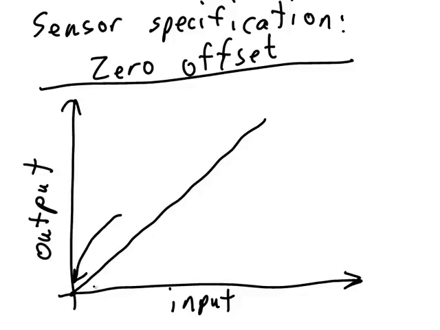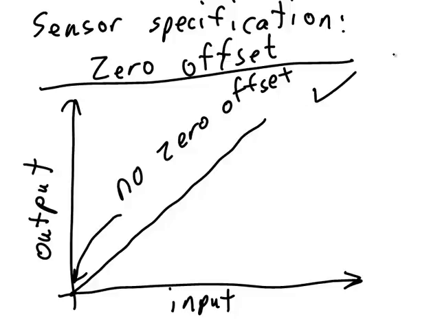If the sensor response curve intersects the origin, that means that we have no zero offset. But this might not be the case. So this case where the response curve intersects the origin is good. It means no zero offset.